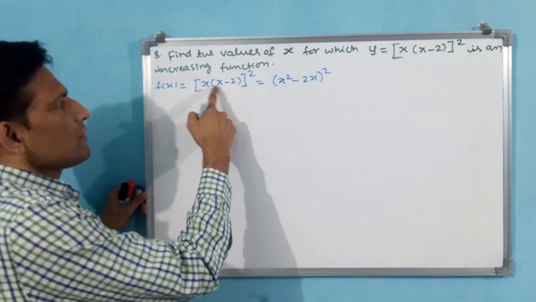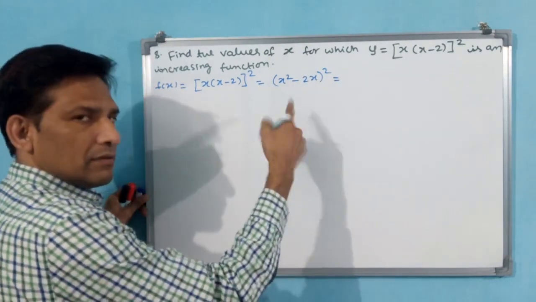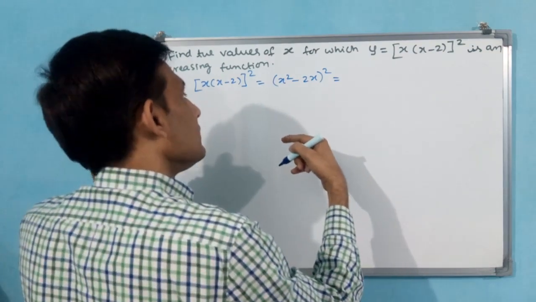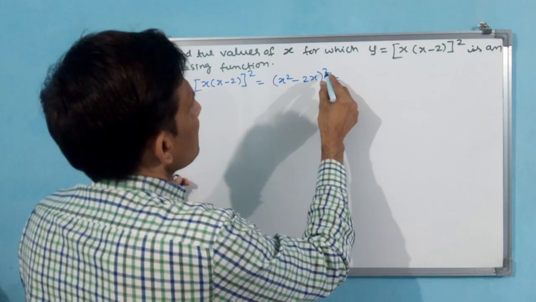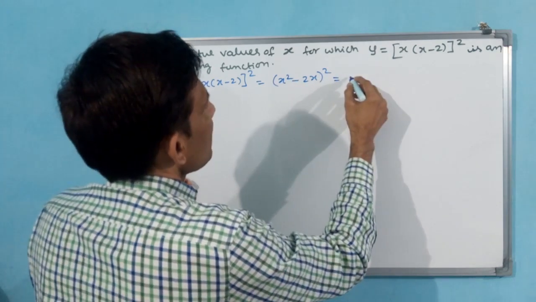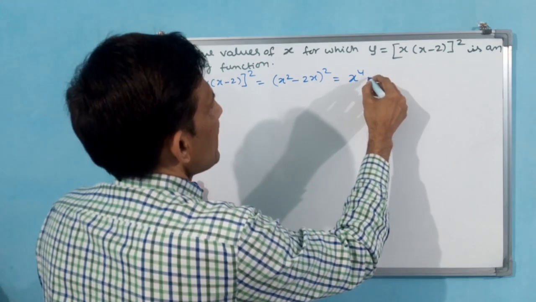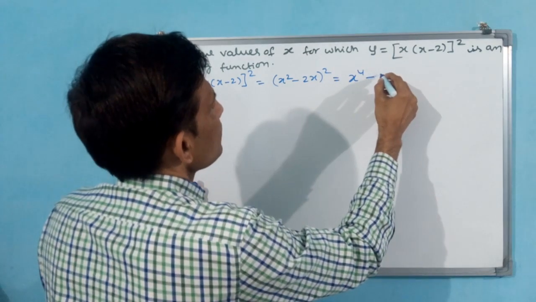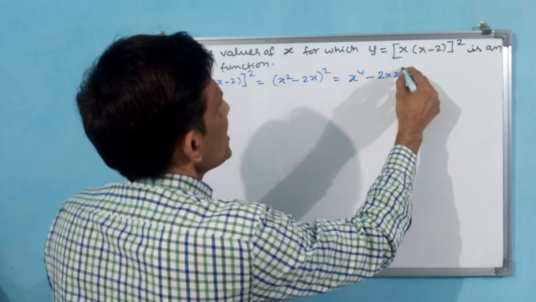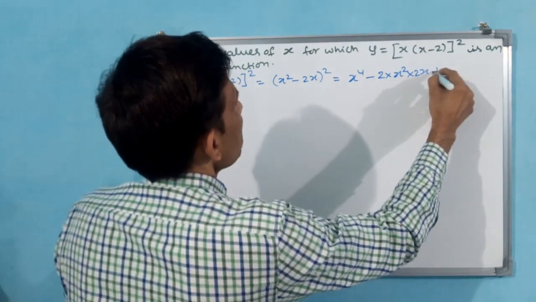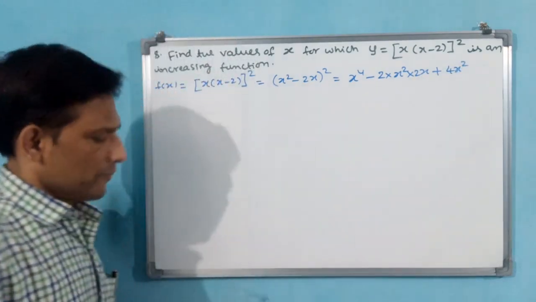Is it okay? x square minus 2x whole square. Then, you make it x to the power of 4, a square minus 2ab, minus 2 into a into b, plus b square, 4x square. Is it okay?